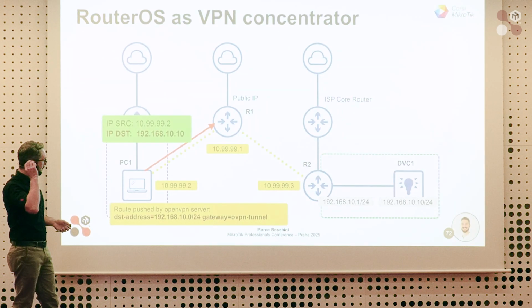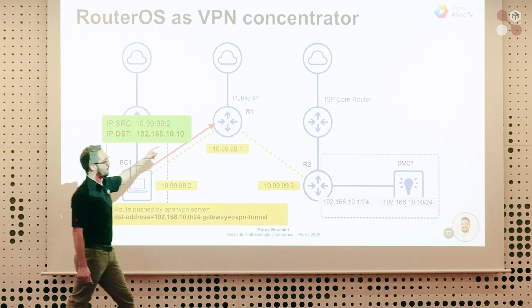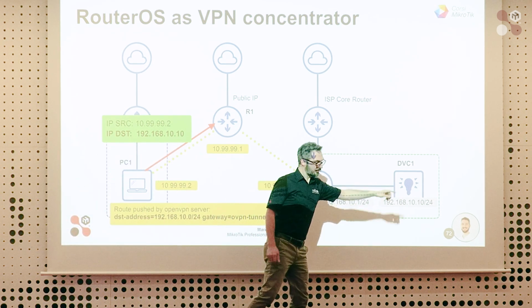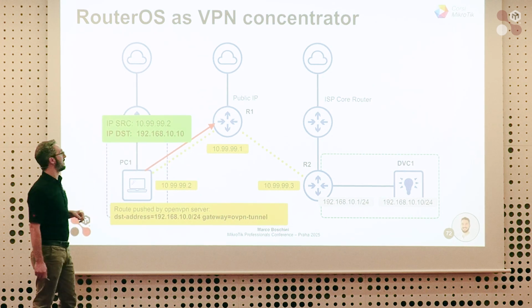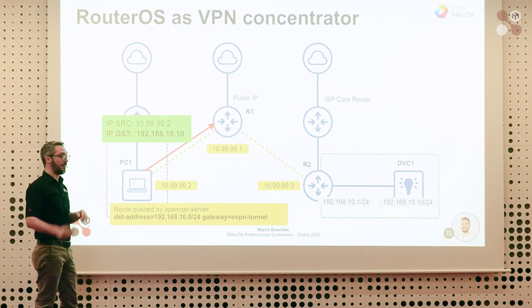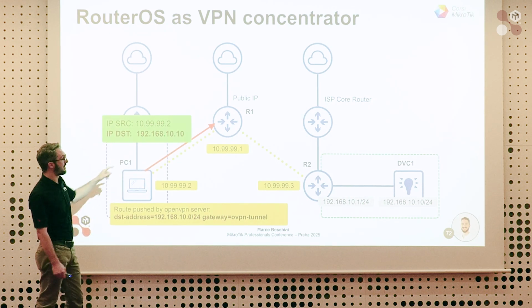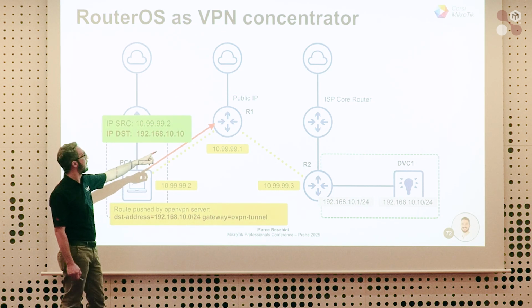So when the customer wants to send IP packets to the remote device, the customer has the route pushed from the OpenVPN server and knows the correct way to send the packets to the destination, and sends this packet inside the OpenVPN tunnel.